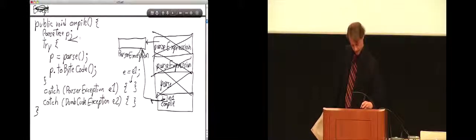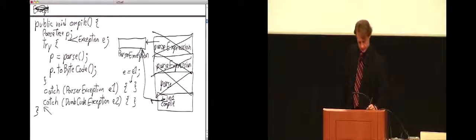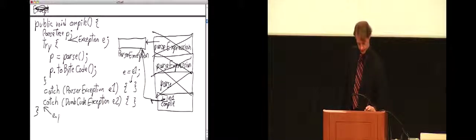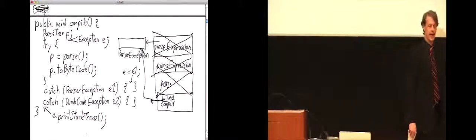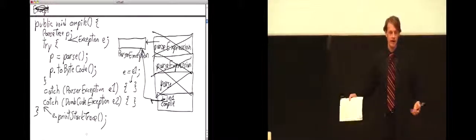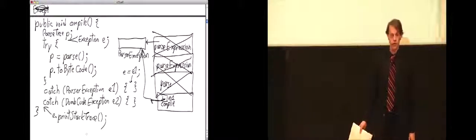And that will allow you to continue doing stuff with E here. So yeah, you can't declare E1 outside of that catch clause, but you can assign it to another variable so that you still have the exception after the catch clause is over.